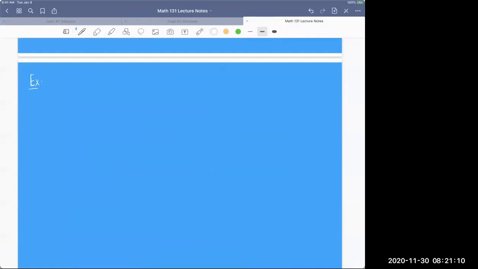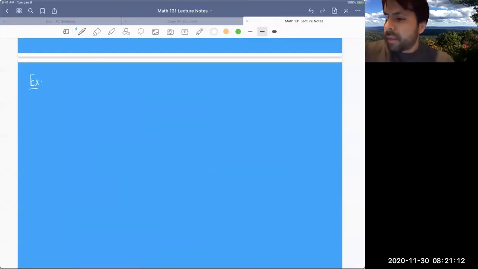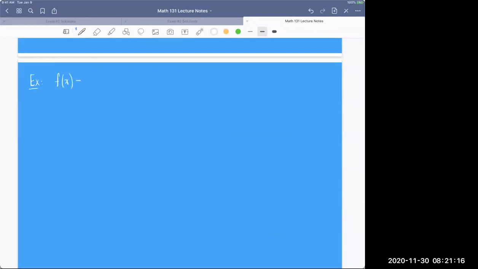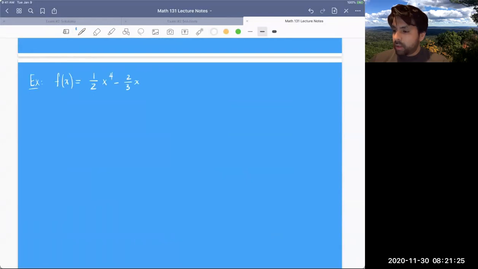Good. So let's do the same thing for something that looks like this. What if I got 1/2 x to the fourth minus 2/3 x cubed minus 2x squared plus 3, and this is on the interval -2 to 3.